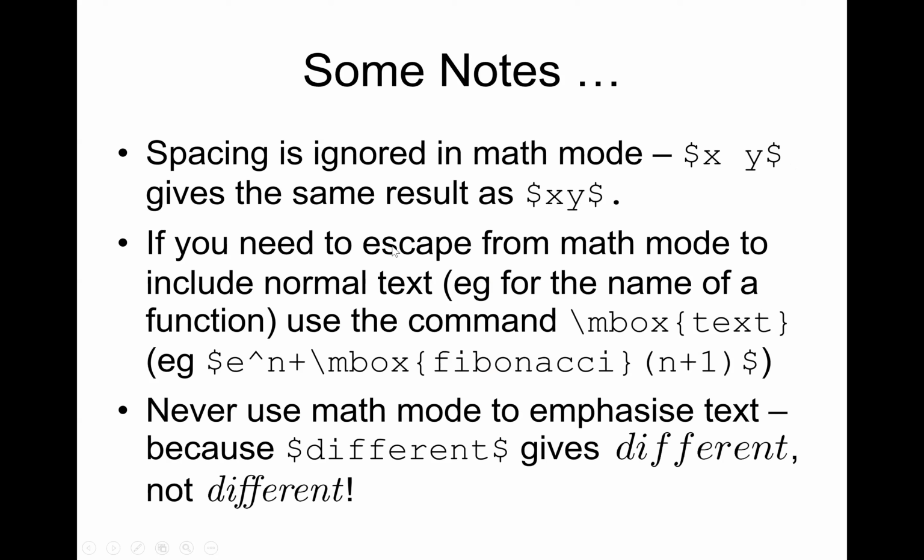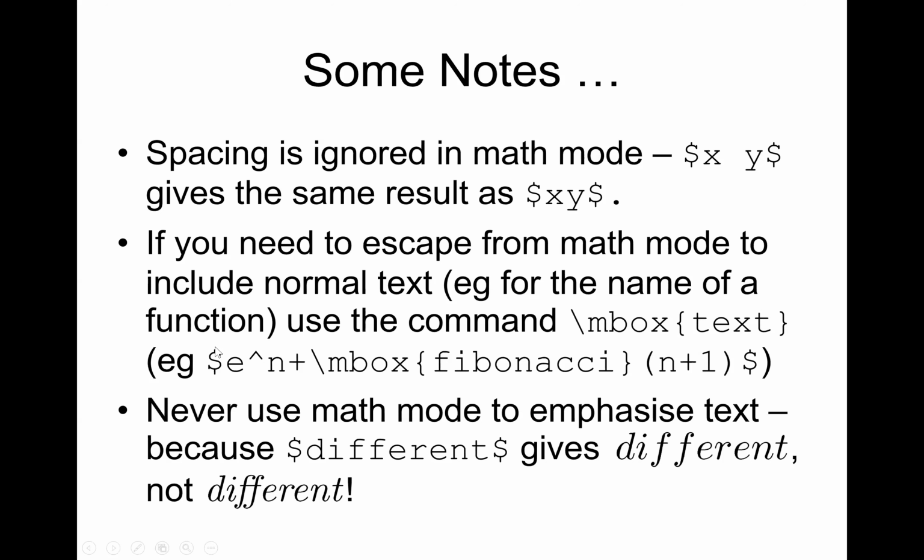If you need to escape from math mode, to include normal text, for example for the name of a function, use the command mbox text. So, for example, you are in the equation mode, and then you want to type something that doesn't require equation symbols. Once you are in the equation mode, you can use this mbox to force that particular text not to have the equation mode format.